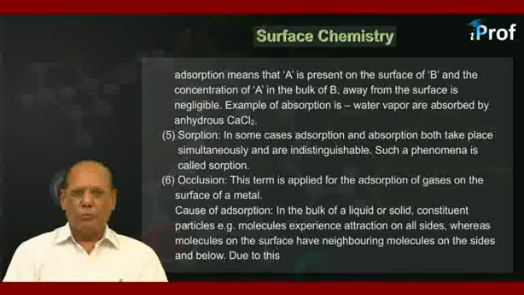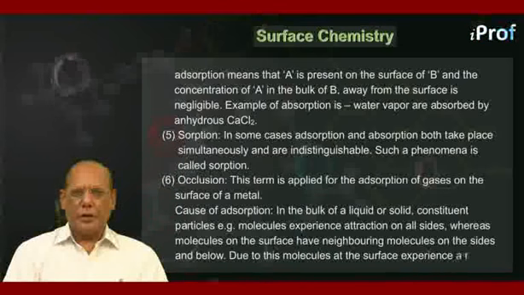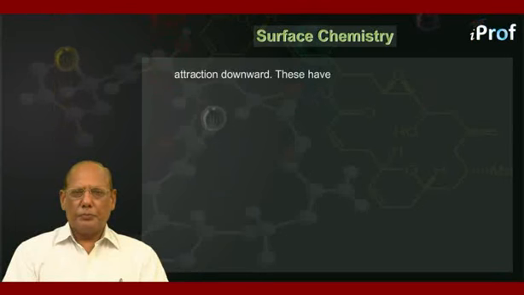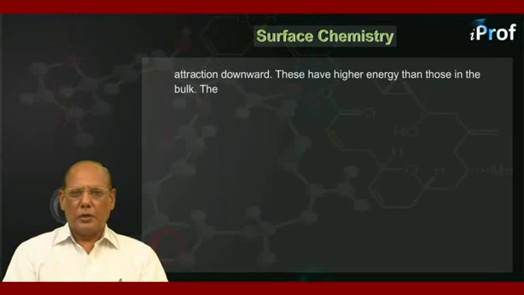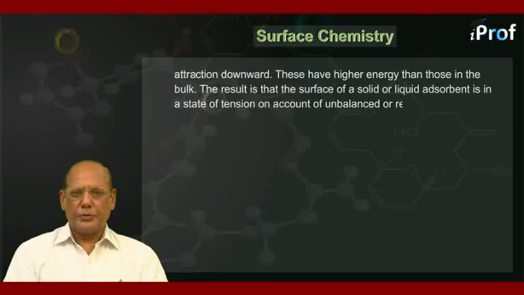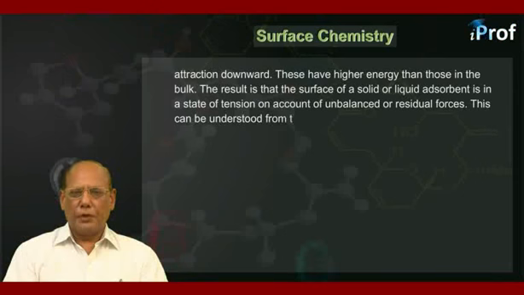Due to this, molecules at the surface experience a net attraction downward. These have higher energy than those in the bulk. The result is that the surface of a solid or liquid adsorbent is in a state of tension on account of unbalanced or residual forces. This can be understood from the following figure.